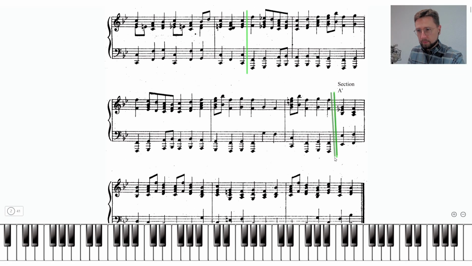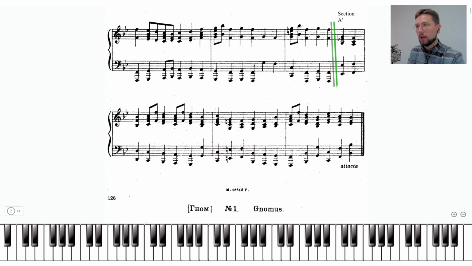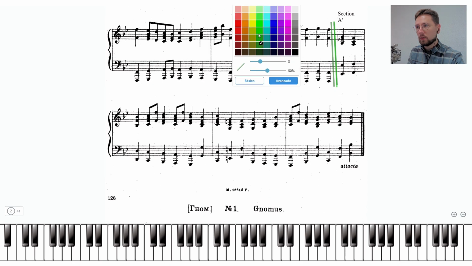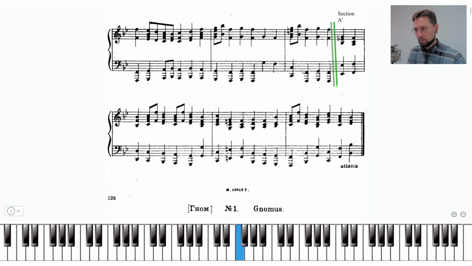And within A, well, A prime, I think it's quite clear that we have two phrases. So we have this, and then it's repeated again.